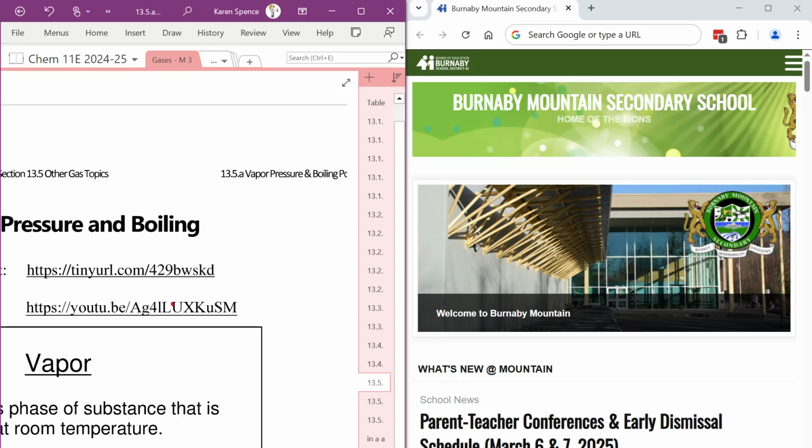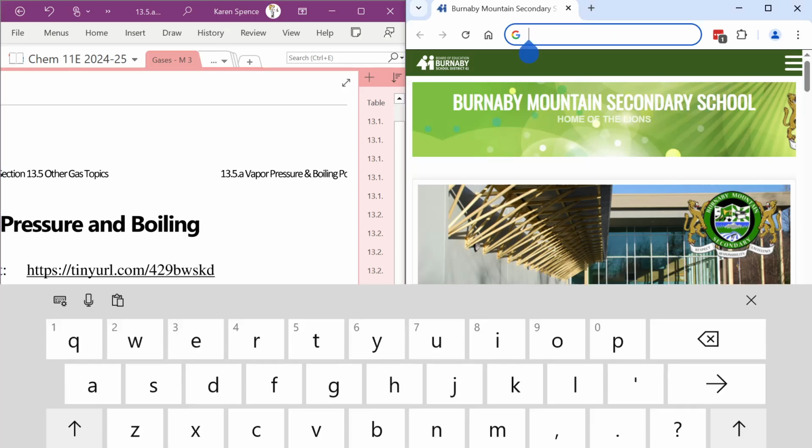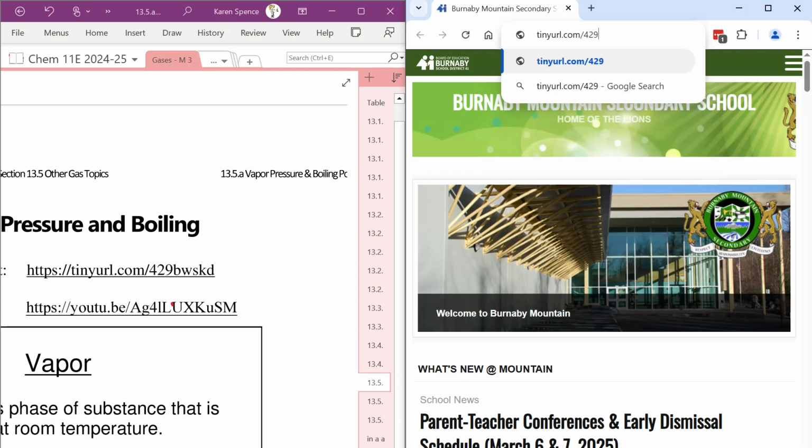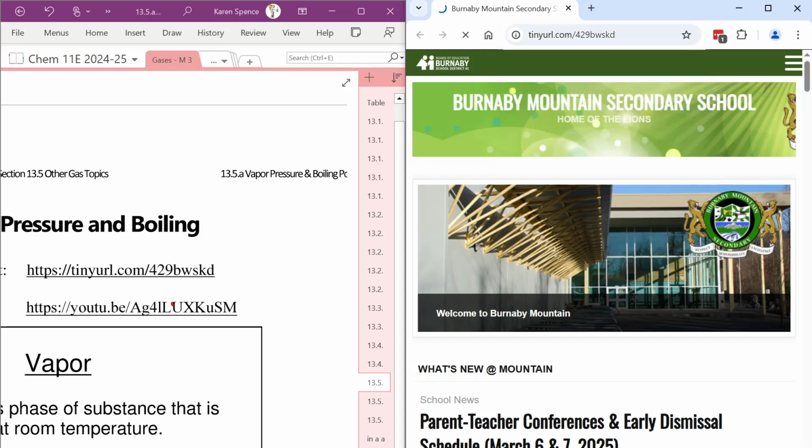Yeah, dropped an earring. Bang. It's all good. It's all good. tinyurl.com/429BWSKD. All right.